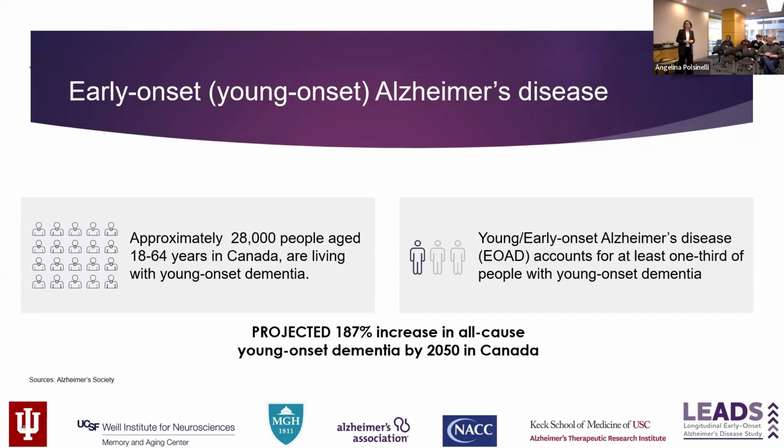This includes people who have genetic predispositions. There are certain genes that we know are associated with development of dementia. They run in families, with varying levels of penetrance, but we're also talking about sporadic cases, people who don't have a genetic mutation that causes a dementia. These are people who are less likely to be identified.